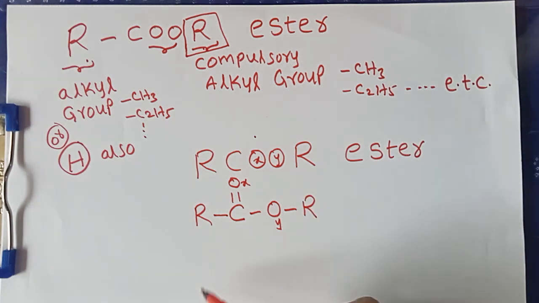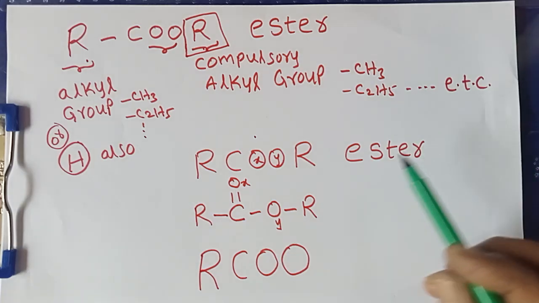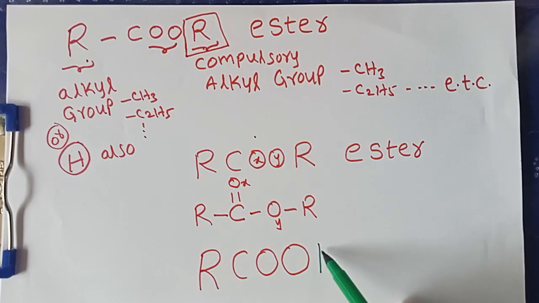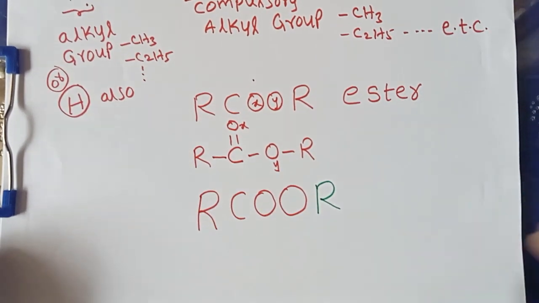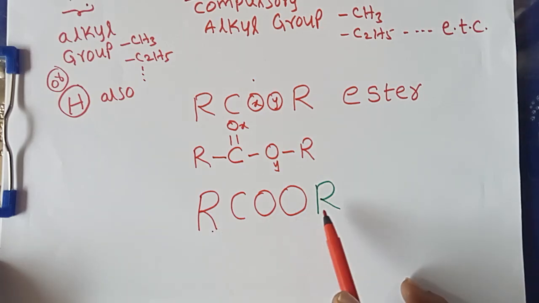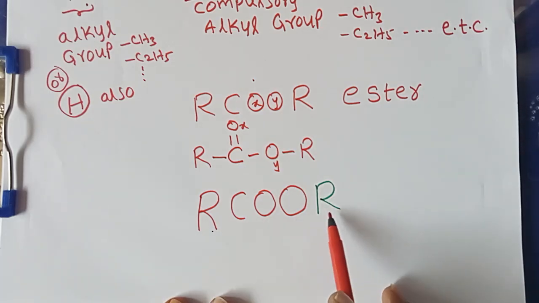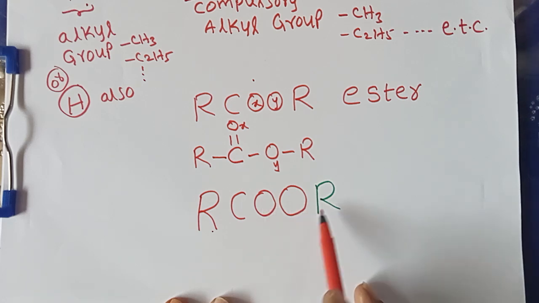Again, for understanding, I wrote the same ester like this, RCOOR. For explanation purposes, these are taken as green color. Now what is the difference between this red color alkyl group and the green color alkyl group? The green color alkyl group comes after the two oxygen atoms.